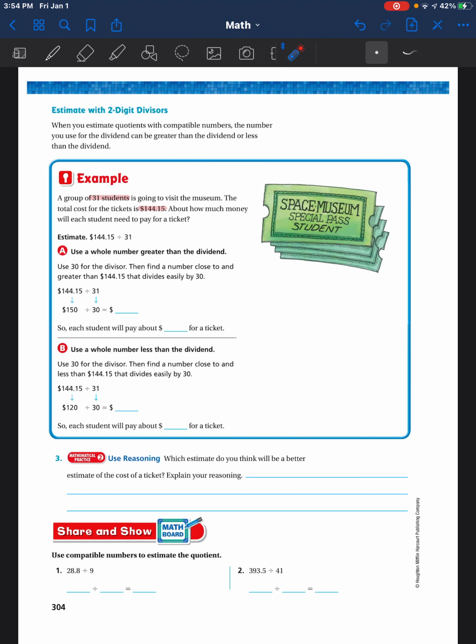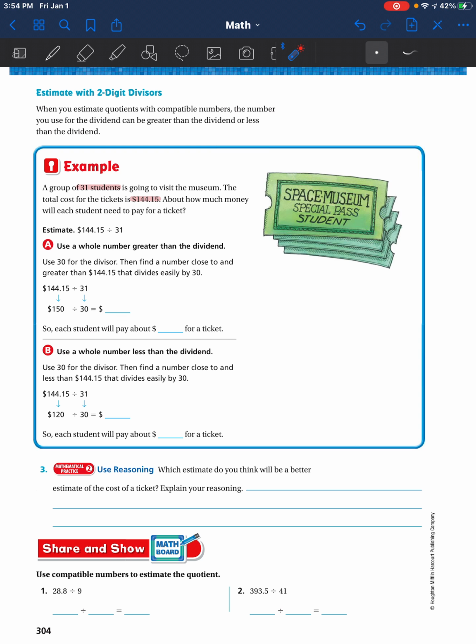And then I have to think, okay, what can I estimate $144.15 to be that 3 can go into? So if I'm thinking about my facts, I've got 3, 6, 9, 12, and 15. Well, 12 is pretty close to 14 if we're looking at the first 2 digits. And 15 is pretty close to 14. It's actually definitely closer. So I'm going to go with 150.